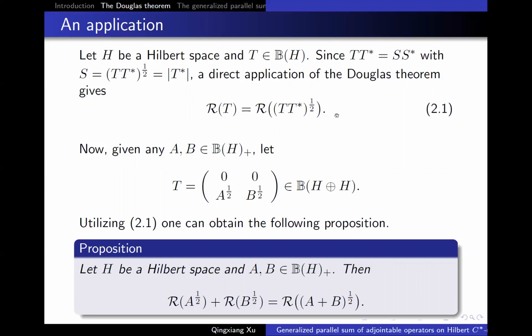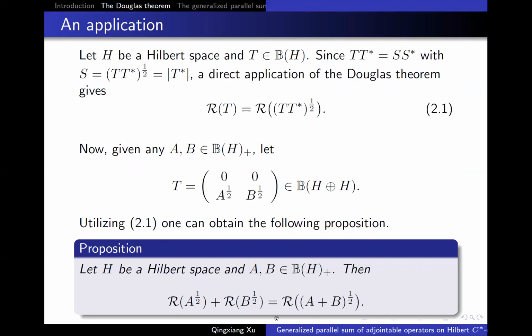Note that this equation is always true for every operator T. So if A and B are two positive operators, and we put T in this way and plug this T into this equation, we can get an equation of ranges immediately as follows. So suppose A and B are positive operators, then we have an equation of ranges.